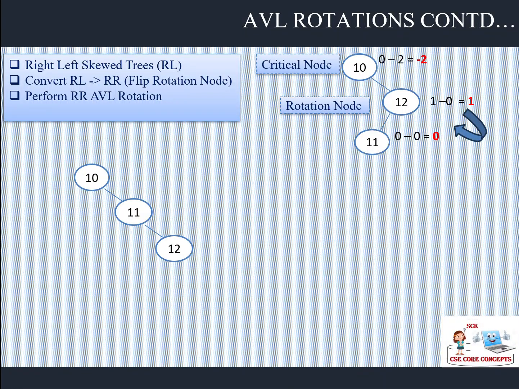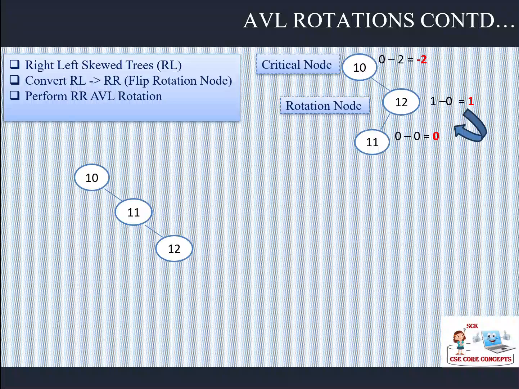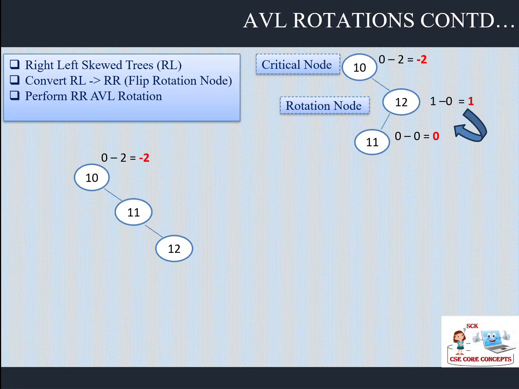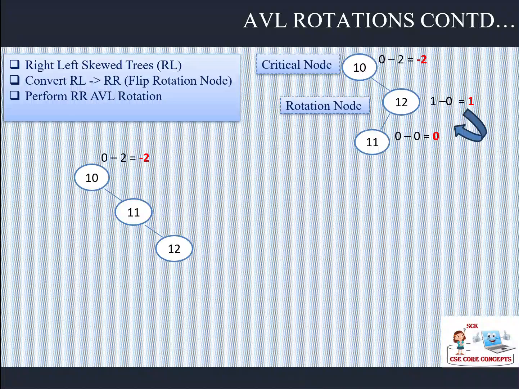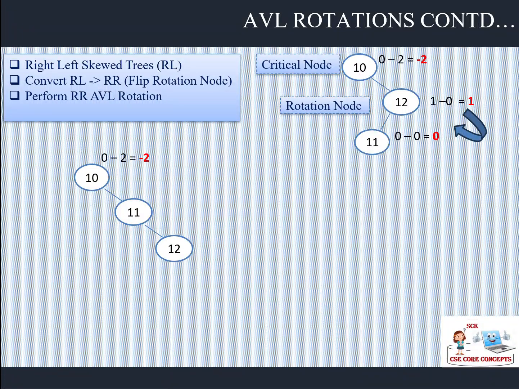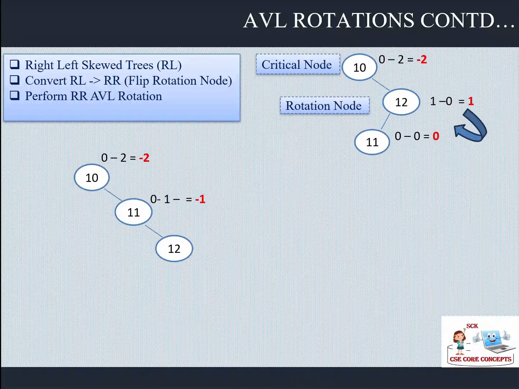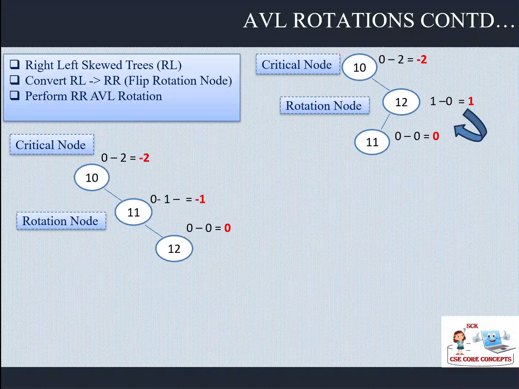So from a right left skewed tree, we first convert into a right skewed tree. Now compute the balancing factor of each node. For node 10 it is -2, for node 11 it is -1, and for node 12 it is 0. So who is the critical node? 10, and the rotation node is 11.